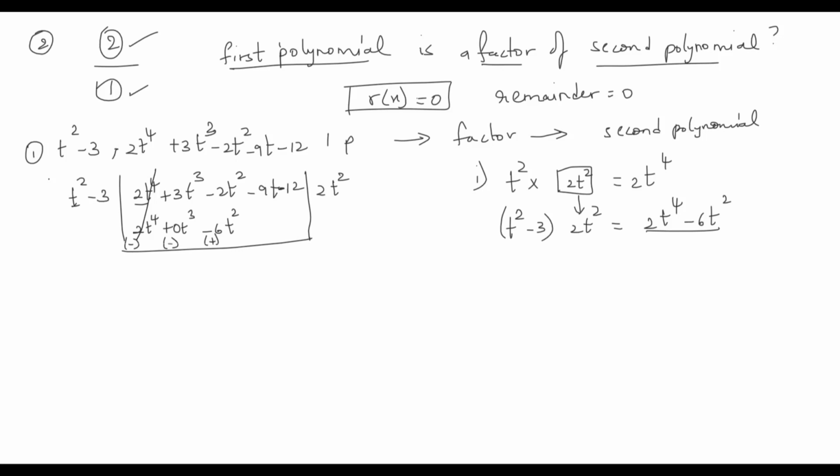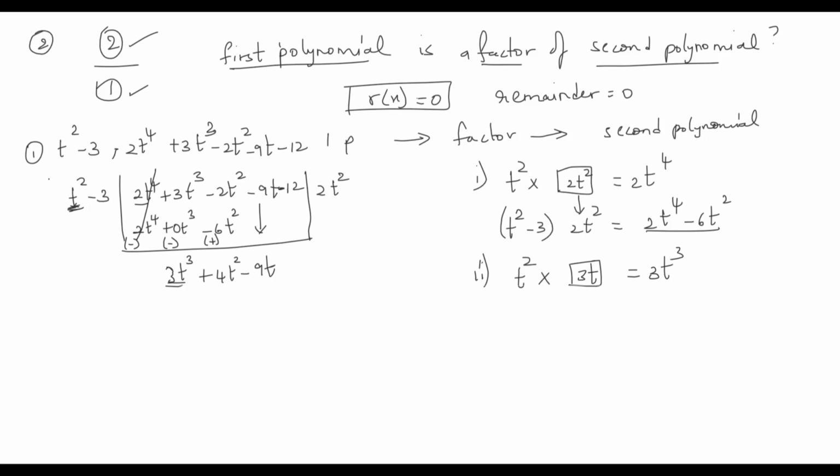3t cube minus 0t cube will be 3t cube, and minus 2t square plus 6t square will be plus 4t square. Now get this term down, that is minus 9t, and compare t square with 3t cube. What should be multiplied to t square so that we get 3t cube?